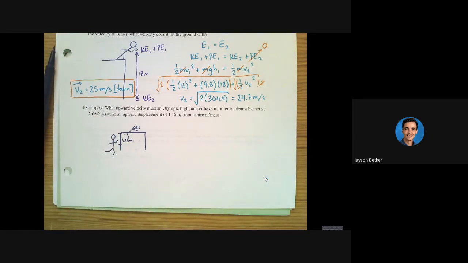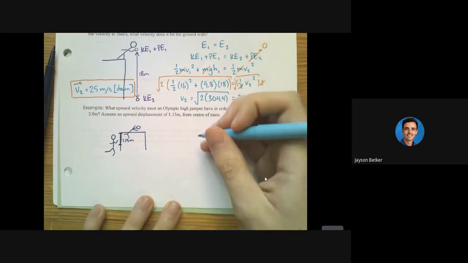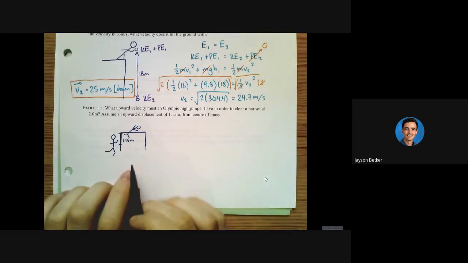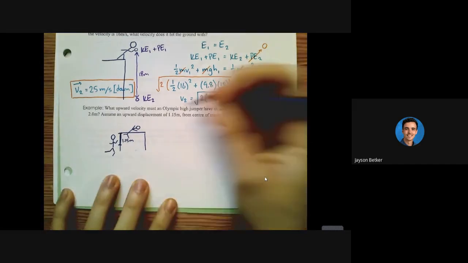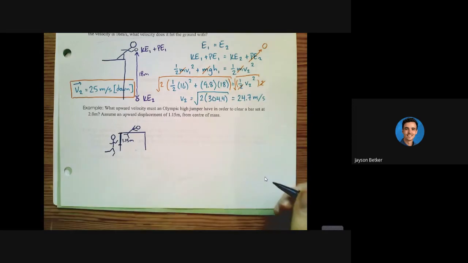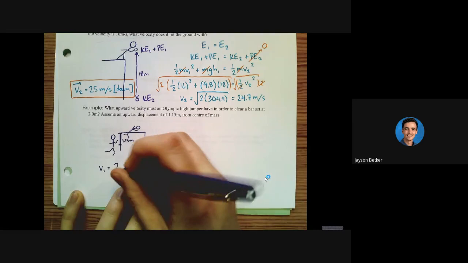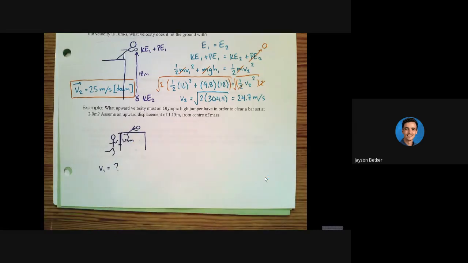So let's take a look at this in terms of our conservation of energy. What upwards velocity must an Olympic high jumper have? So we're going to be trying to find V1, right? What else do we need to know?